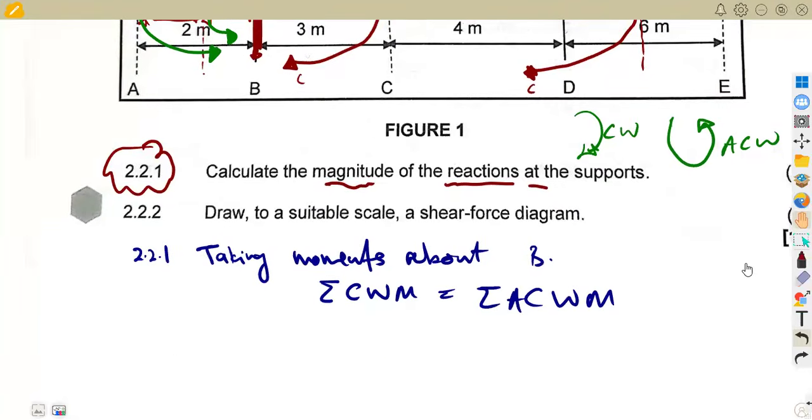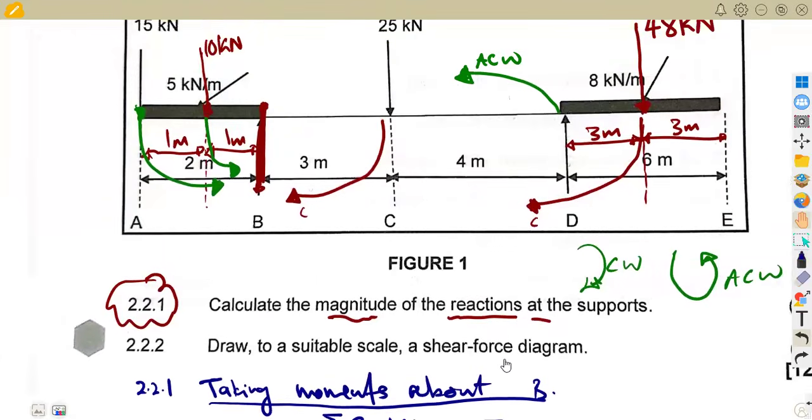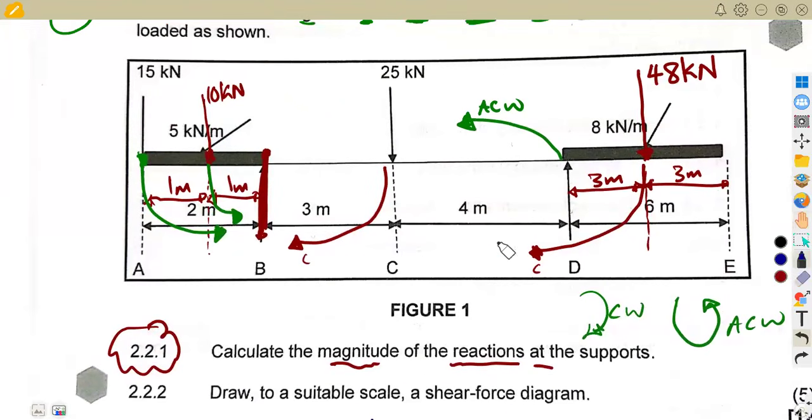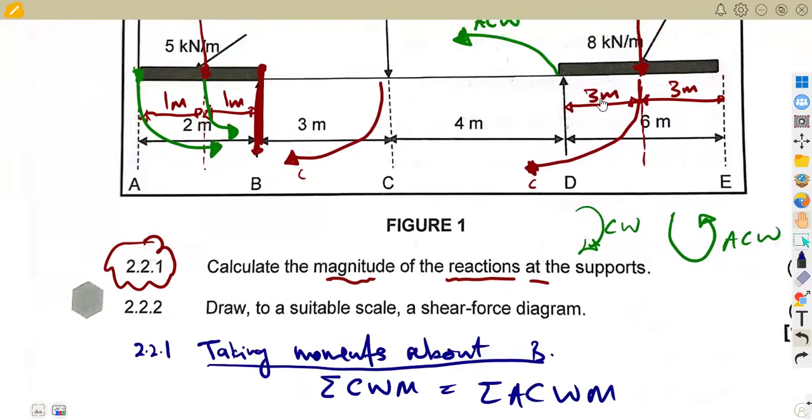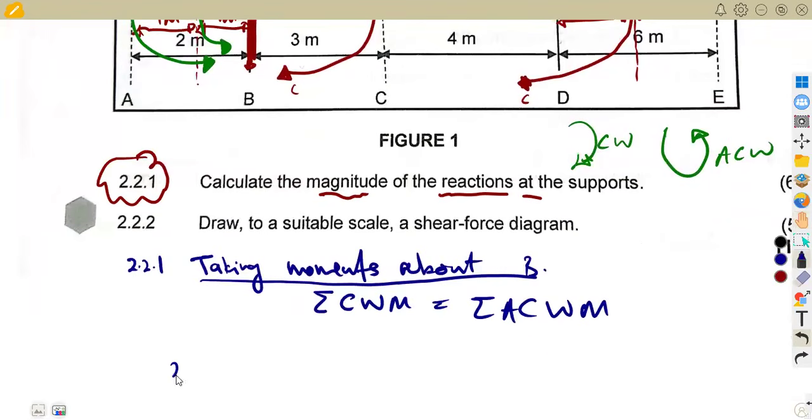It is going to be the sum of the clockwise moments first, the ones that are clockwise. 25 as it goes back to B is 25 times 3.